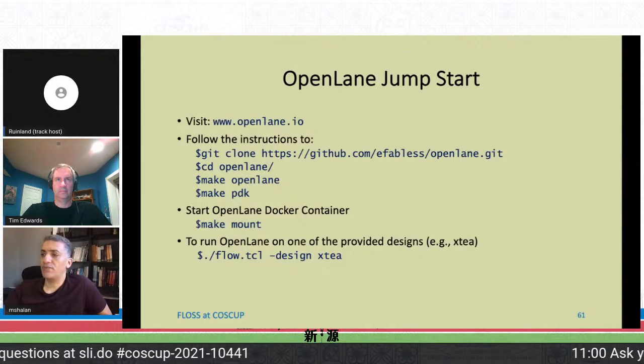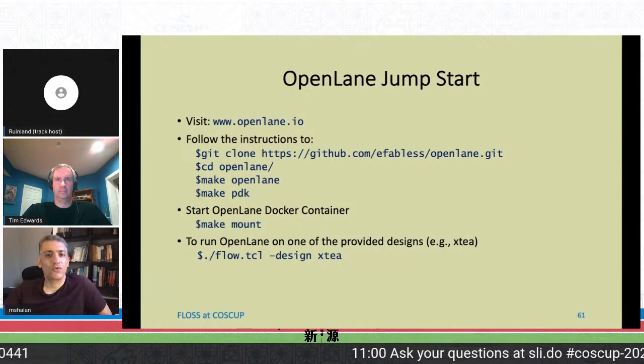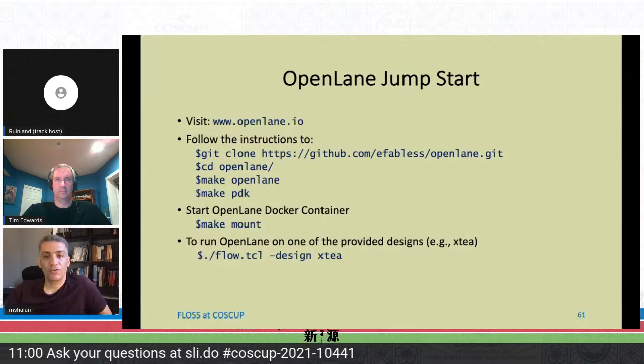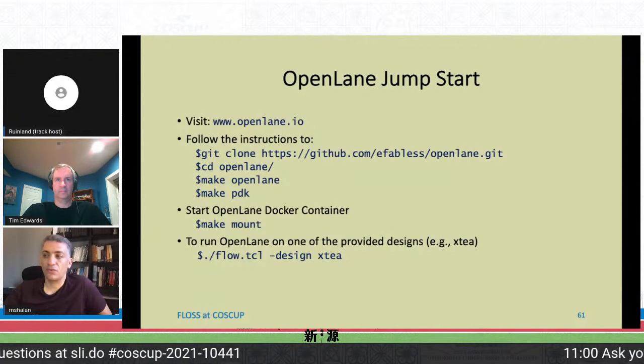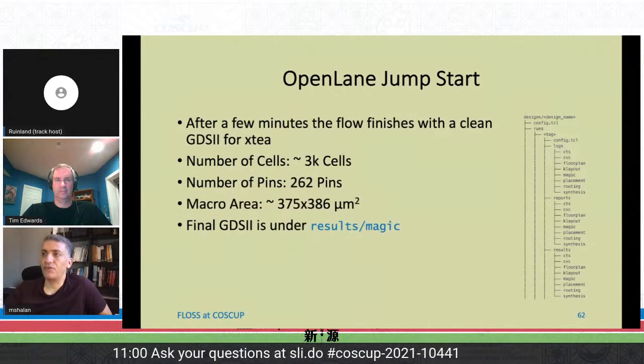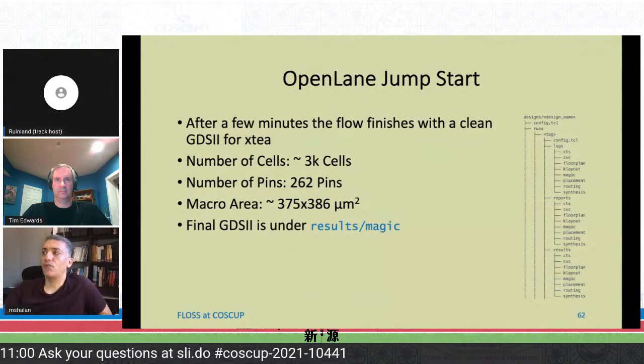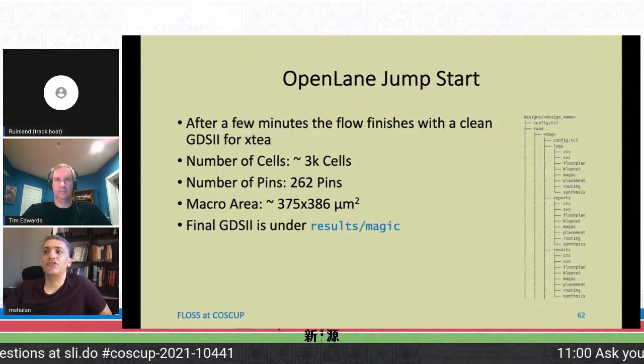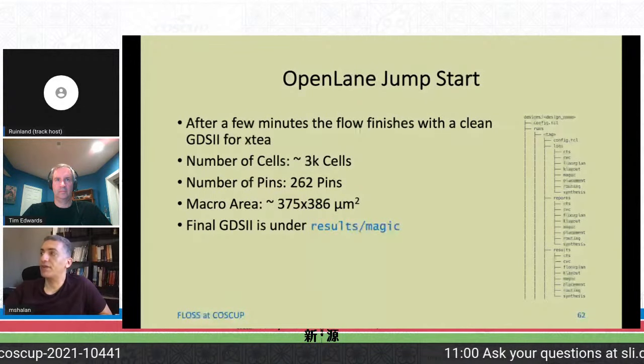One of the provided designs is the XTS, which is a hardware implementation of the XTS cipher. To convert the RTL of this to a hard macro, all you need to do is type this command. After a few minutes, the flow will finish with a clean GDS2 for the cipher.